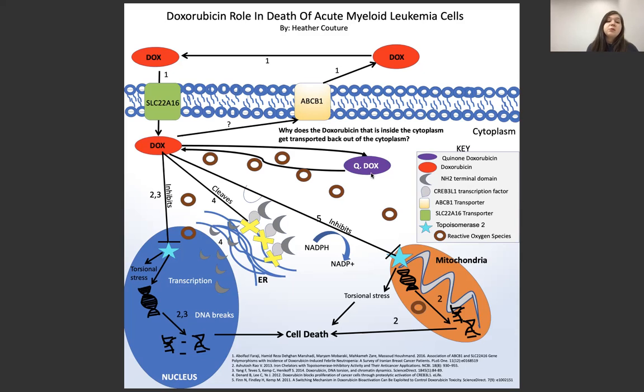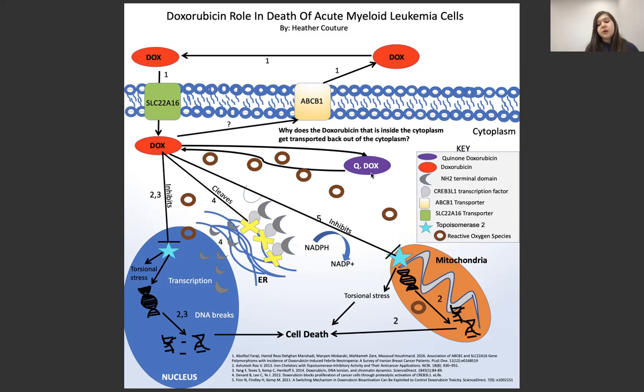Something that I couldn't find in any of the literature was how doxorubicin gets transported back out of the cytoplasm, and why does it get transported out?